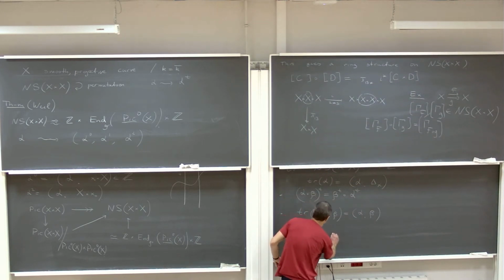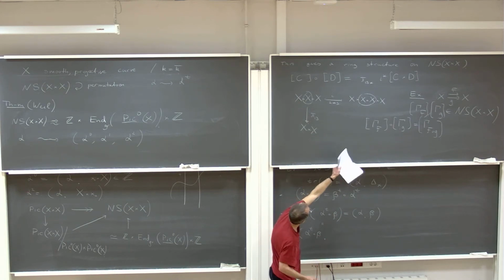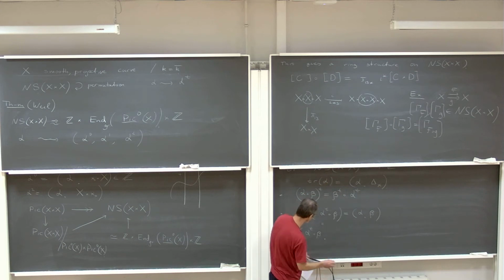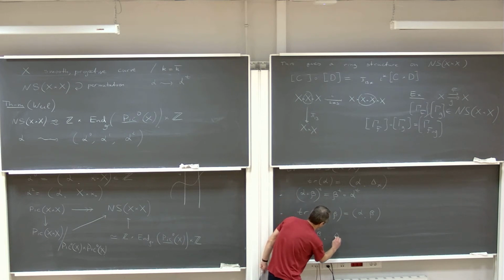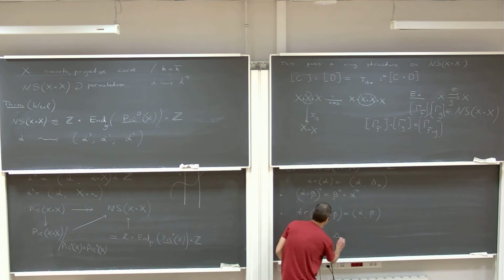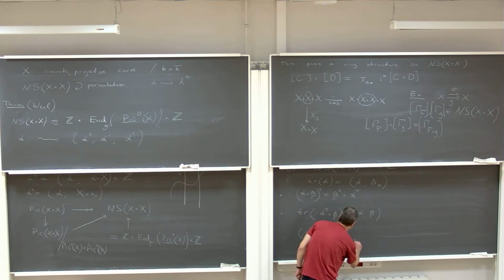So I think of this as a cycle on x times x times x times x, of dimension 2, and I intersect it with another dimension 2 cycle, where the first coordinate is equal to the fourth coordinate, and the third coordinate is equal to the second coordinate.